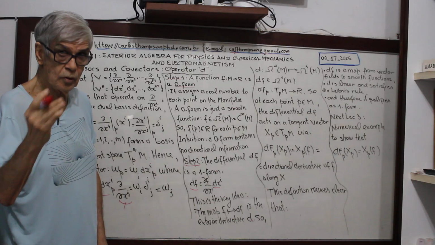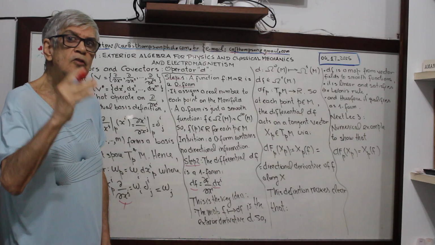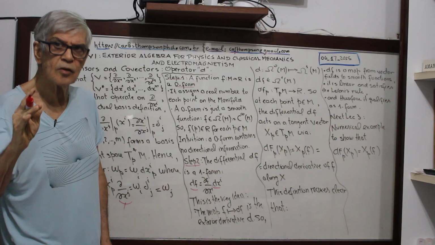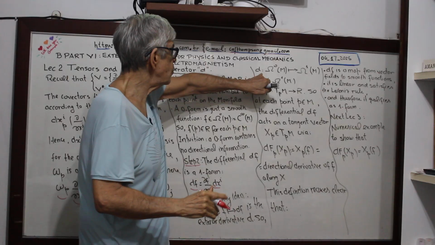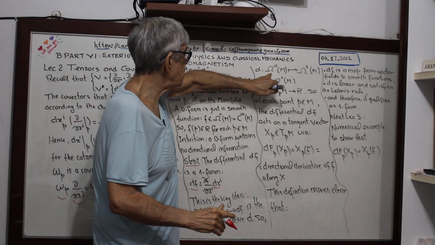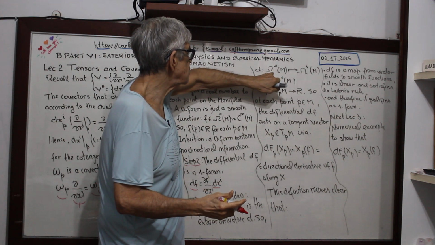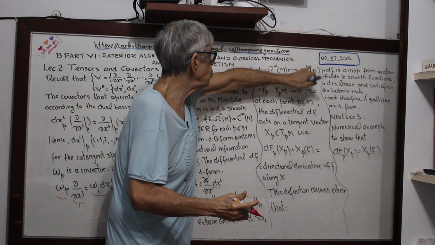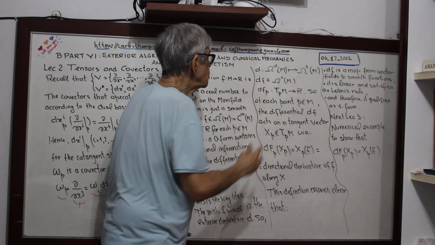And also, we will see later, in other lectures, that d squared is equal to 0. So, I repeat: d maps a scalar, the zero form, to a one form. df belongs to the one forms.